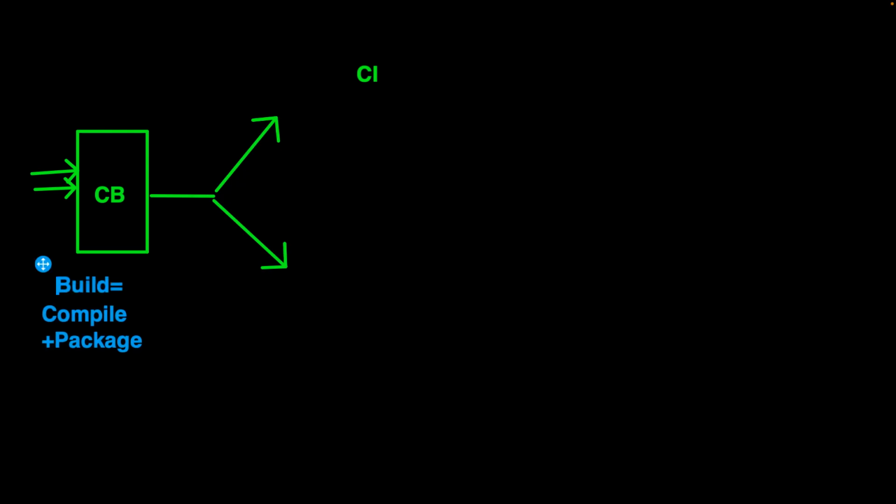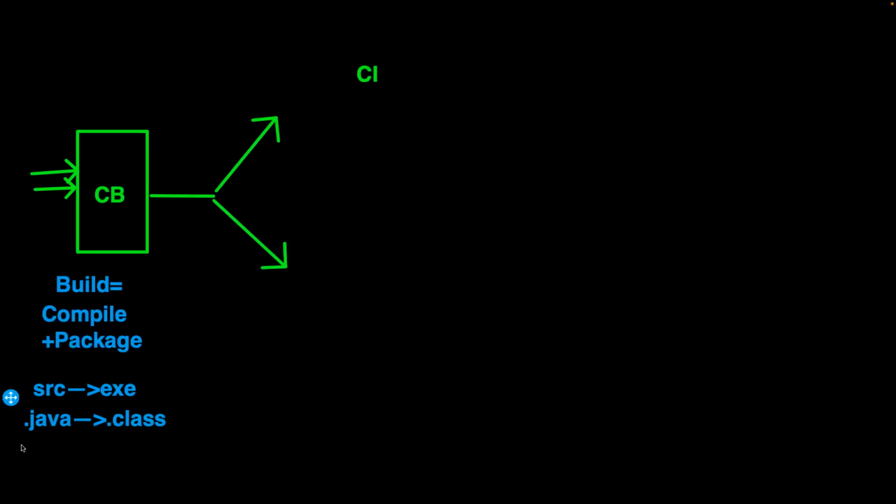What is meant by compiling? Converting your source code into executable is called compiling. Converting the source code means .java files, whatever code you have, will be converted into .class files, executables, right? That's called compiling the code. That is the first stage.